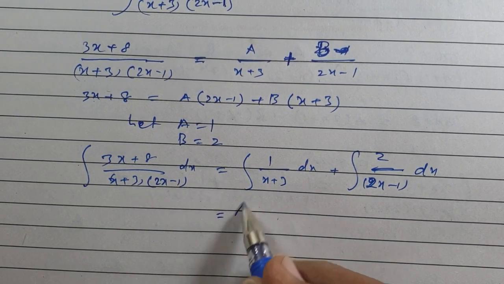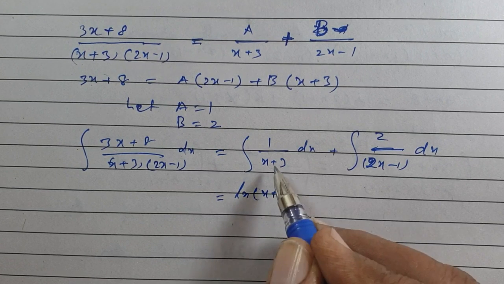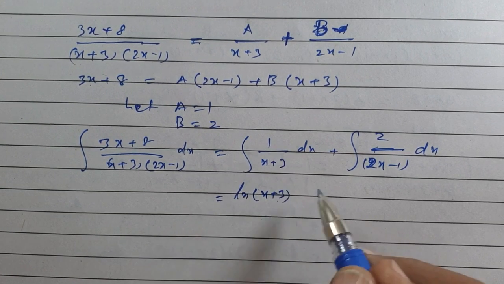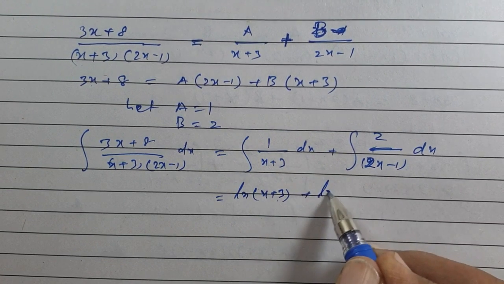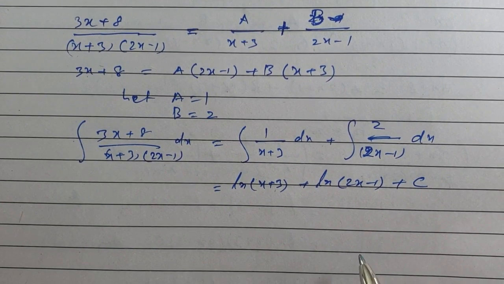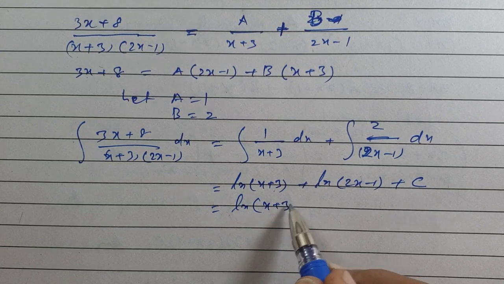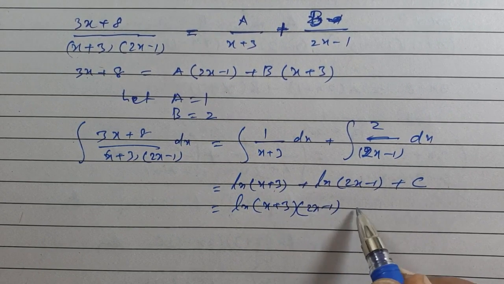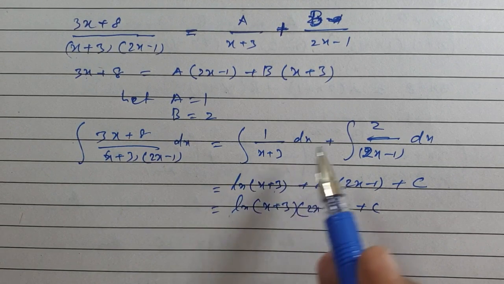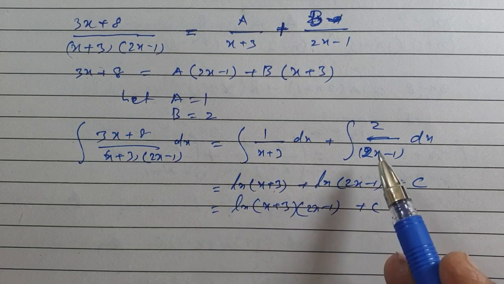Then the integration will be natural log of (x plus 3), because the derivative of the function is here 1, plus also natural log of (2x minus 1) plus constant of integration. You are looking that here the integration is so easy and you have evaluated it.